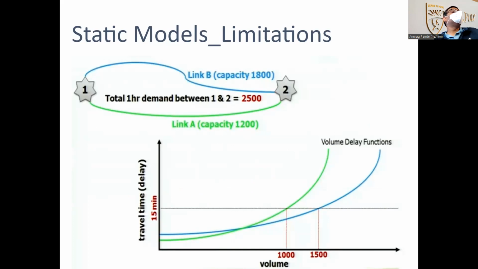So your static equilibrium will always have some issues related to this, because your volume delay functions are not very well defined for any link that exceeds capacity. So once the V by C ratio, the volume to capacity ratio, goes above 1, you are in trouble. Right? So that's the big problem here.